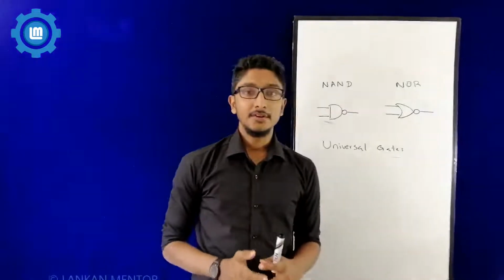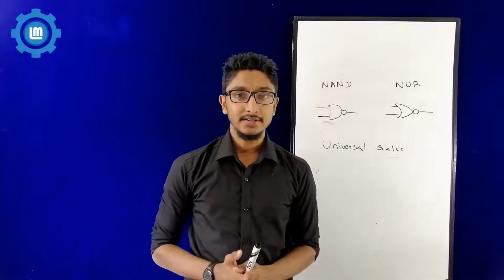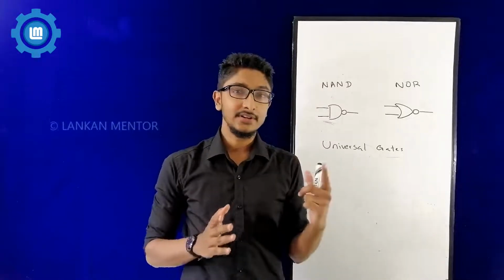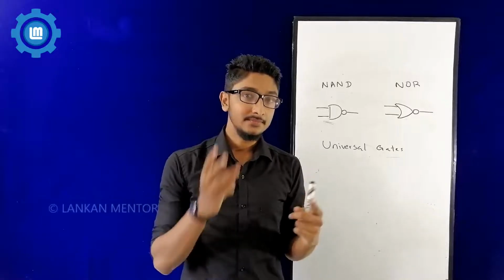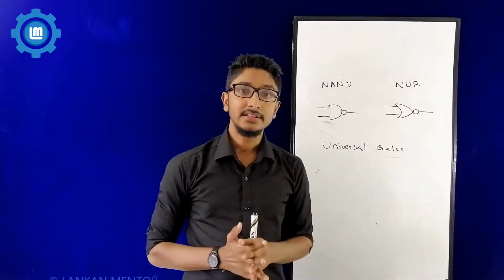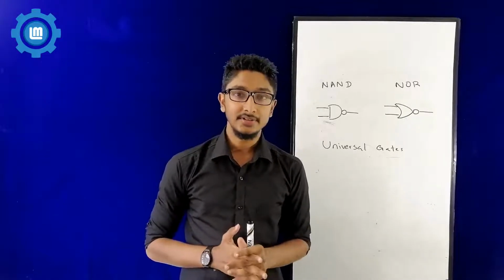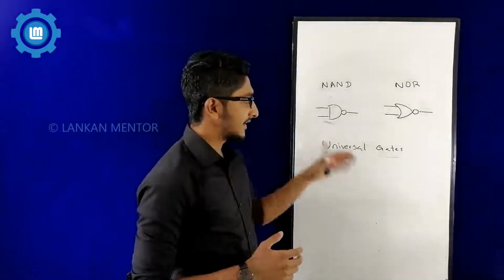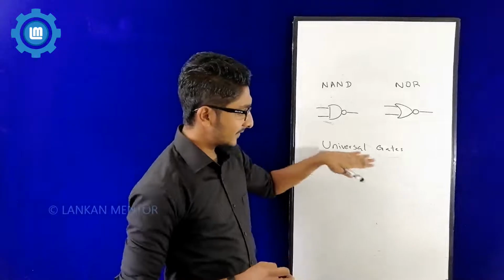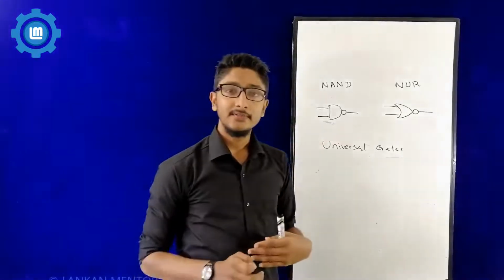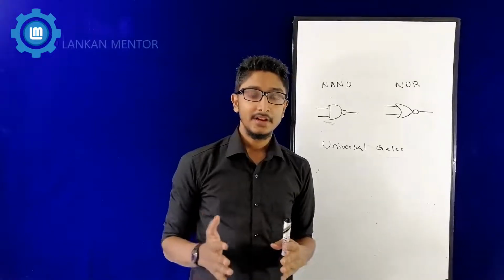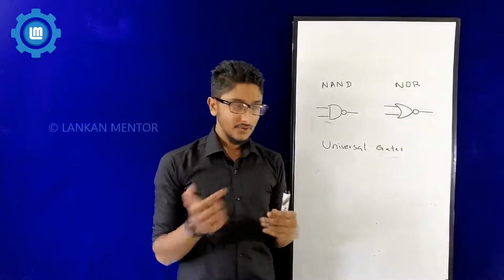Now next we'll move on to integrated circuits. You might have learned in the first chapter that it is the technology used in third generation computers. Integrated circuits are also made up of these logic gates, so we'll look into that.